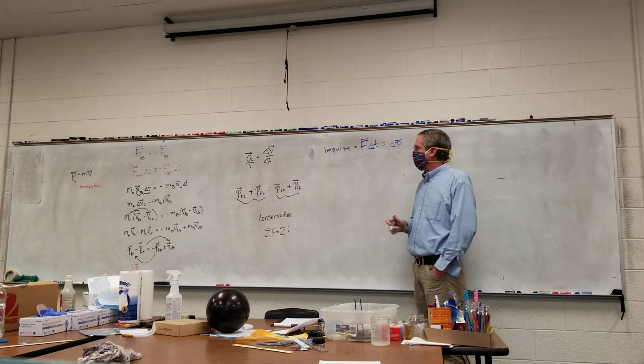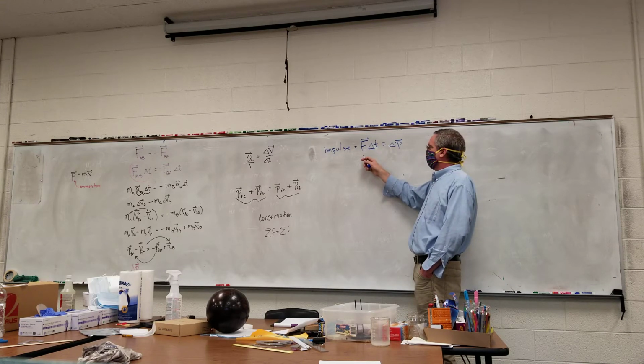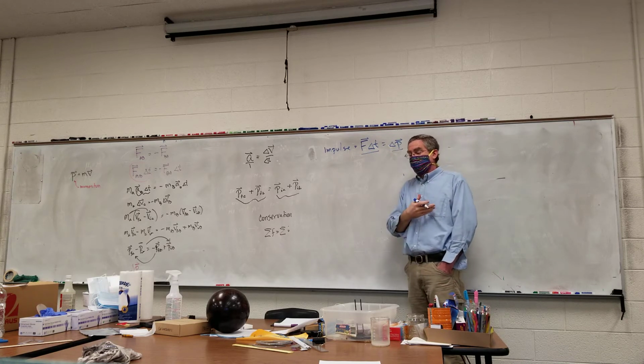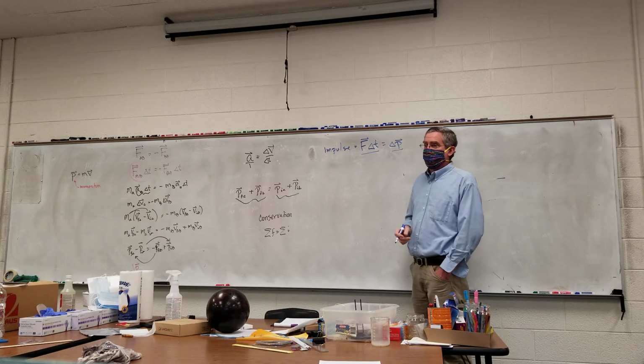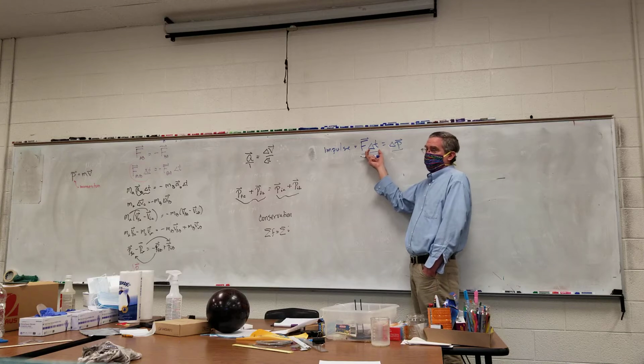There are a couple of questions in Hewitt where he talks about impulse, and whether you find impulse by force times time or by change in momentum depends upon what's given in the problem. If you're given enough information to find it this way, do it that way. If you're given that information, do it that way.